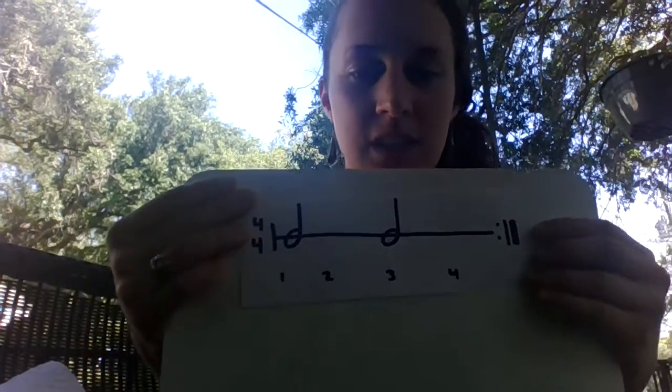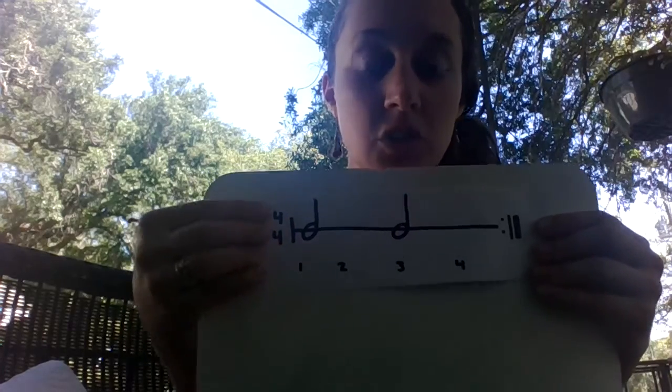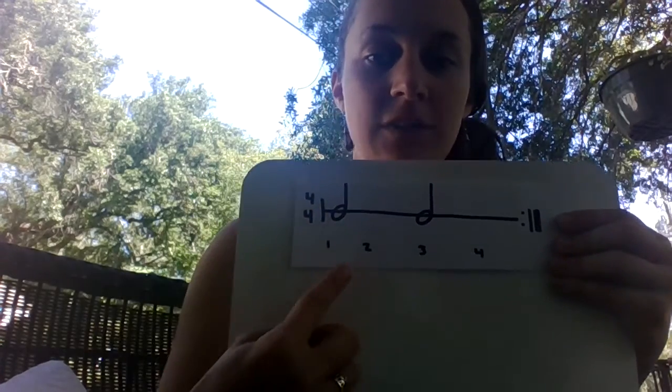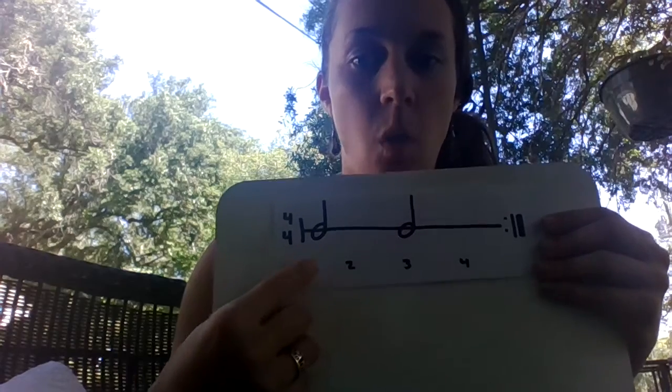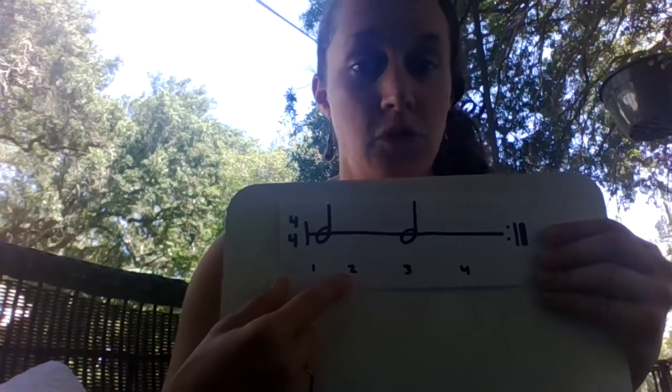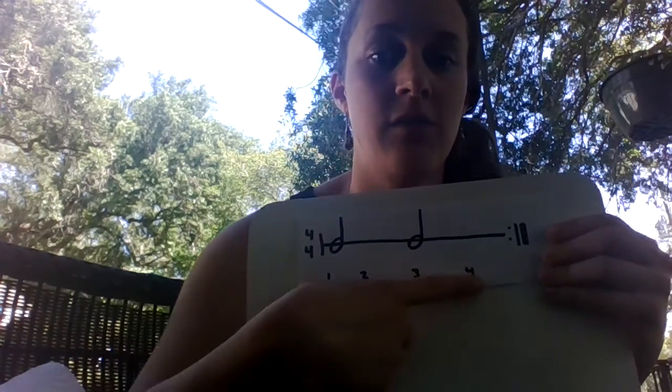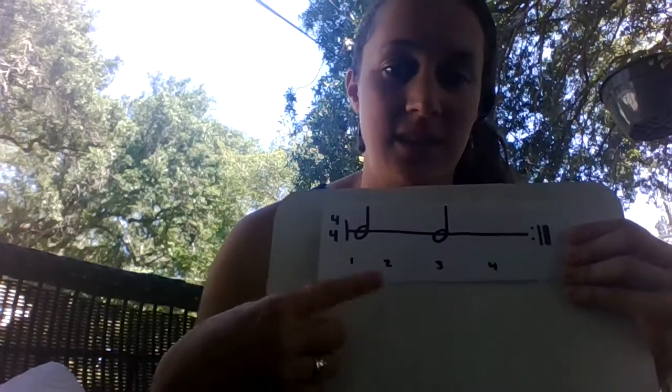Now, if I move to a different type of note, my half note is worth 2 beats. So if I have my half note here, I have 1, 2 beats, 3, 4. That's the next 2 beats.